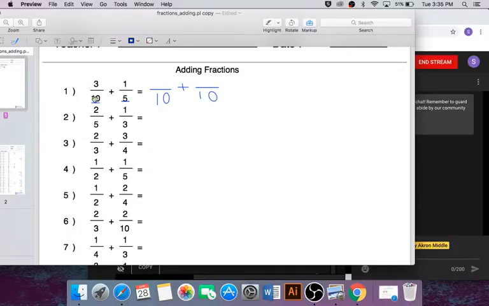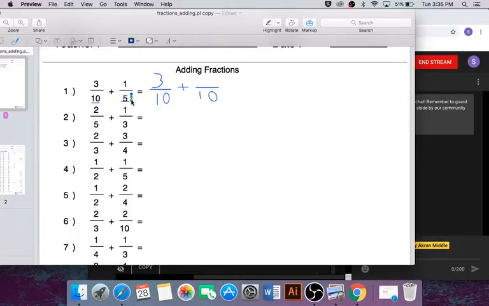Since this one is already over 10, we don't have to do anything to change it. So it can stay the same. Our second one, though, we have to figure out 5 times what will give us 10. So if we look at our multiplication chart, which I did not pull up, it's going to be times 2.